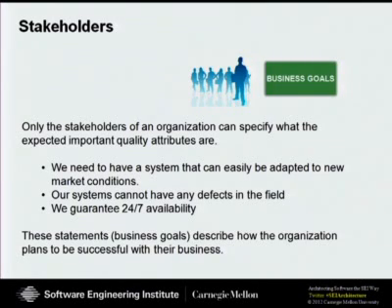Now, unfortunately, when you just go to the stakeholders and ask them, okay, what are your important quality attribute requirements that you can think of? Then you will get statements something like, we need to have a system that can be easily adapted to new market conditions. Or our system cannot have any defect in the field. Or we guarantee 24/7 availability.